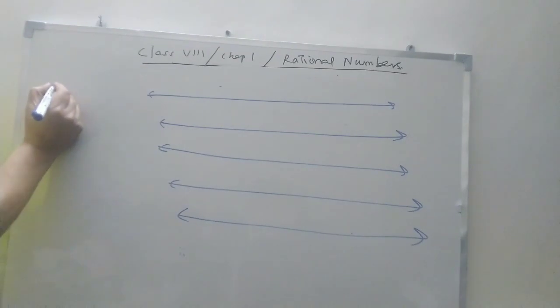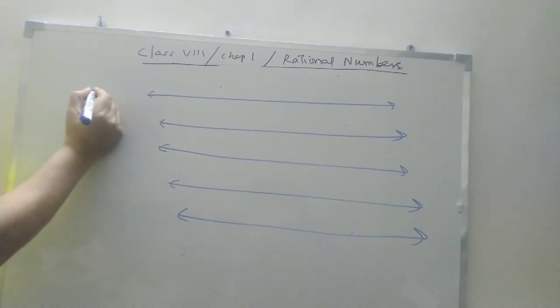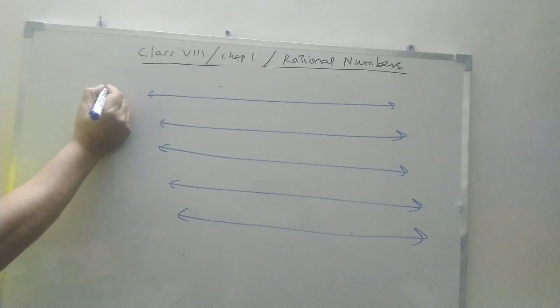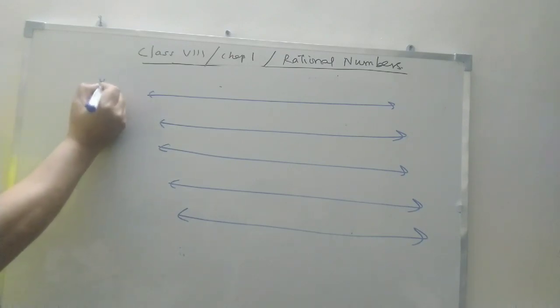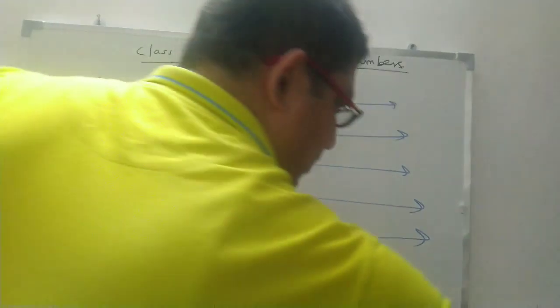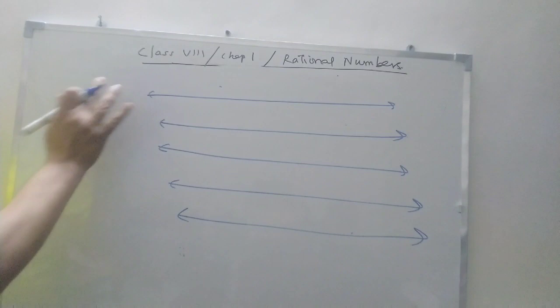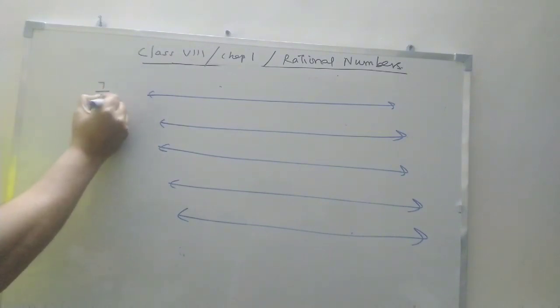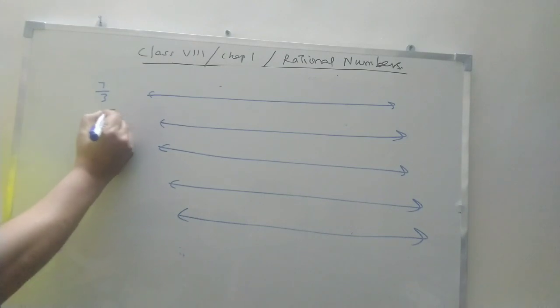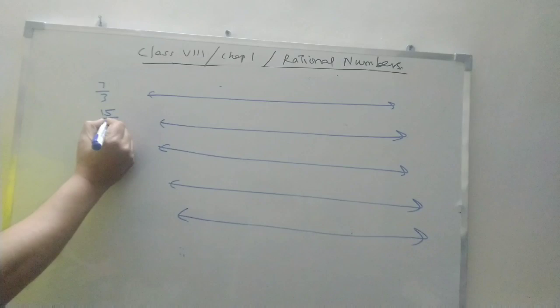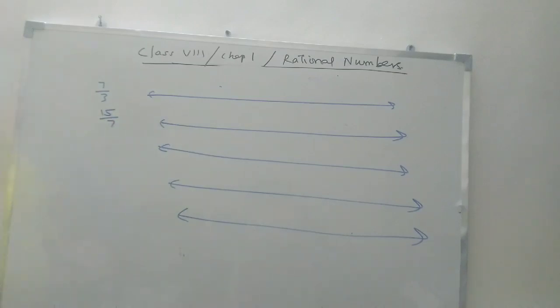Now let me take some improper fractions. Suppose I need to put 7 by 3. Here I need to put 15 by 7. Something like this I want to do.